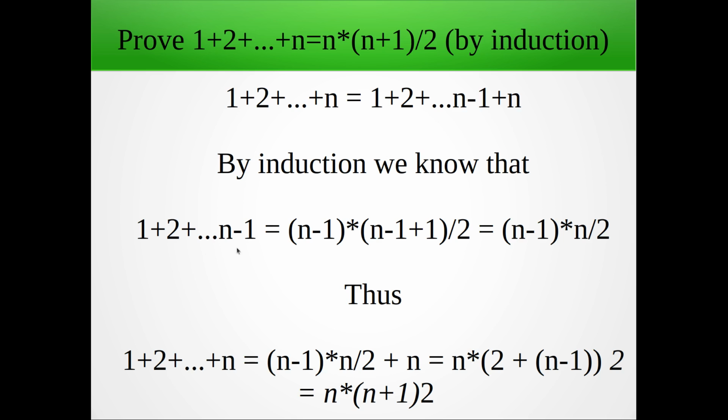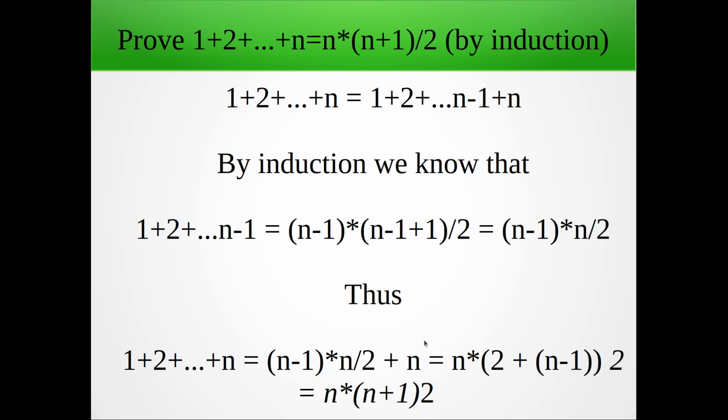So this thing, 1 added to 2 to 3 up to n minus 1, is the same thing as substituting n minus 1 in this property: n minus 1 times n minus 1 plus 1 divided by 2. As n minus 1 plus 1 is n, this thing is n minus 1 times n divided by 2.